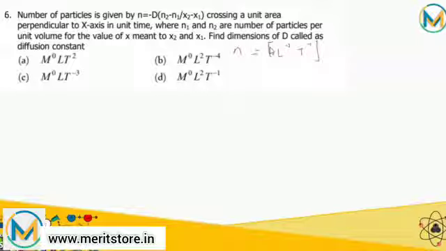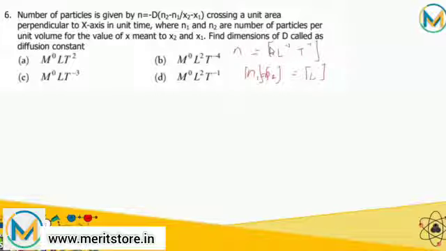N1 and N2 are the number of particles present per unit volume, so their dimension is L to the minus 3.